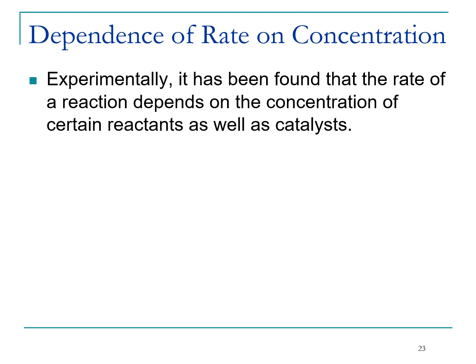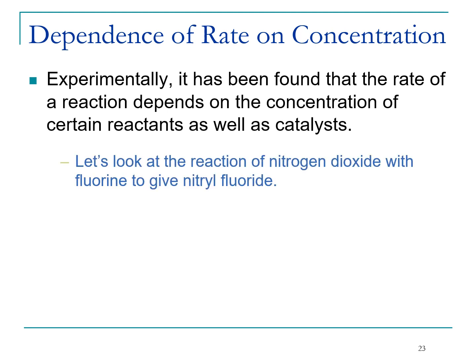We can't predict it. And so what we're going to do is look at how we can find the dependence on concentration by looking at experimental data. So let's look at this reaction of nitrogen dioxide with fluorine. So here's a reaction.